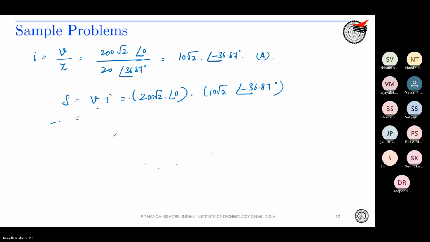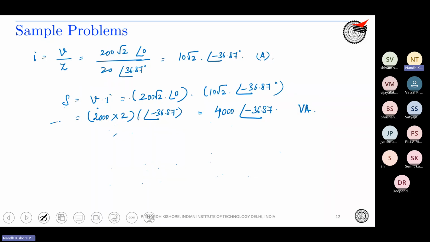So I can write this as 200 into 10 is 2000, and root 2 into root 2 is 2, and the angle gets added up. So 0 minus 36.87, which is minus 36.87. So this gives you 4000 angle minus 36.87. This is my apparent power in VA.